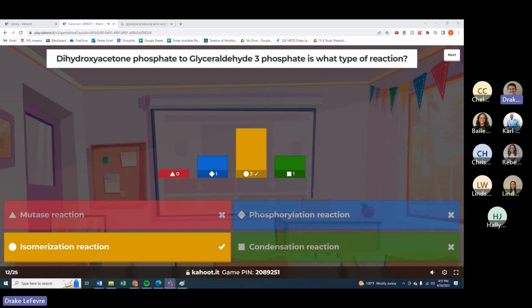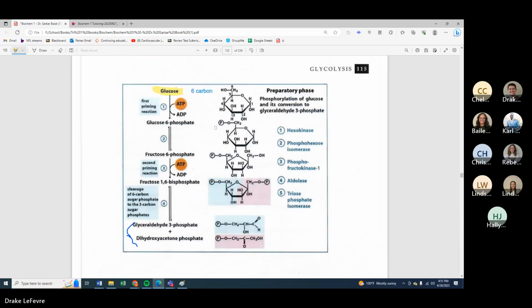Good job. This one was a little bit harder, a little bit more niche. So really good job, though. I'm glad that the majority of people got this one. So these are a couple of other questions, the type of questions that you can be asked. The trick to a lot of this, I'd say, is to try and recall the names of the enzymes.